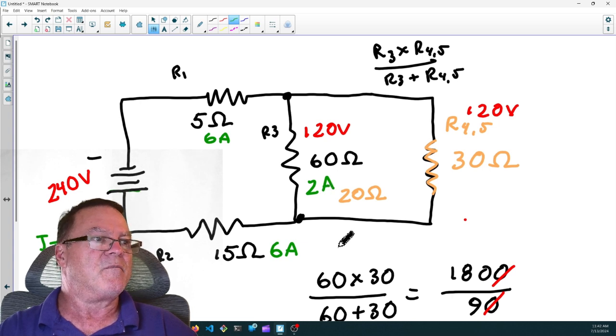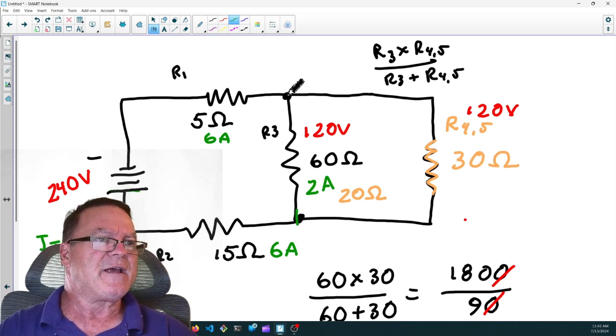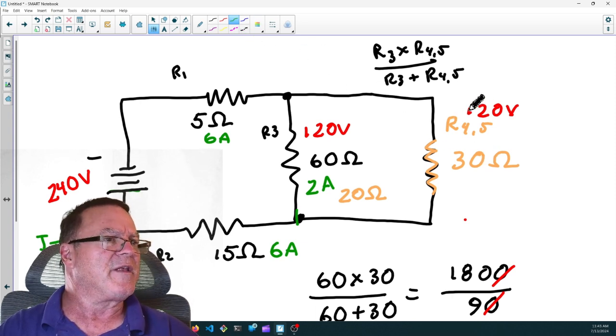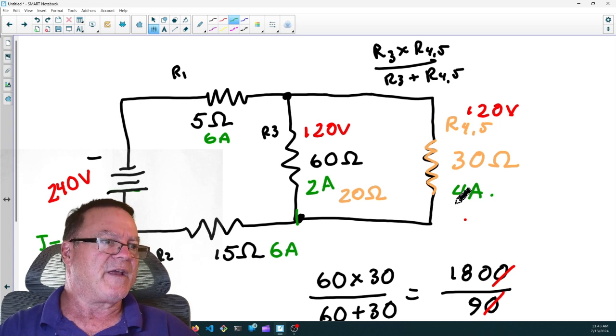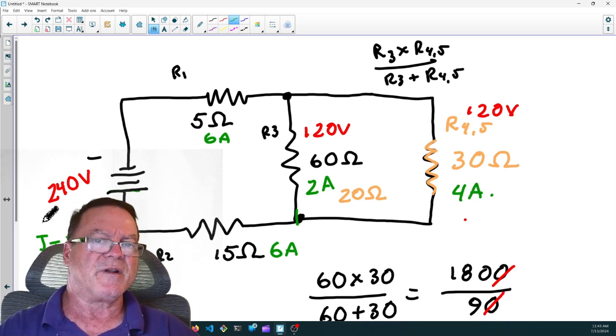So if I have 2 amps flowing through R3, then I have 6 amps minus 2 amps. I have 4 amps flowing through R4, 5. So we have 120 volts divided by 30 ohms. We have 4 amps flowing through R4, 5. That's right.